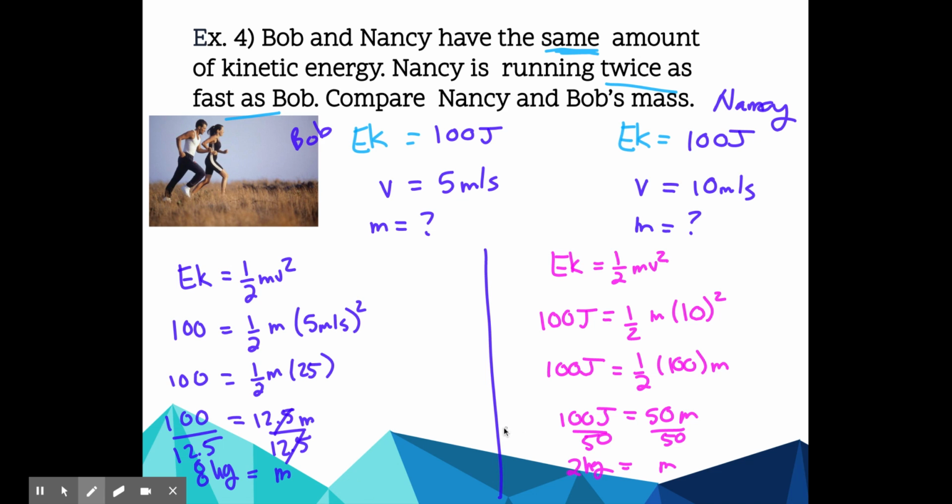But what I do notice about the comparison is that Bob, you could tell me, has a mass 4 times larger than Nancy. That's a comparison. That's what the question's asking you.